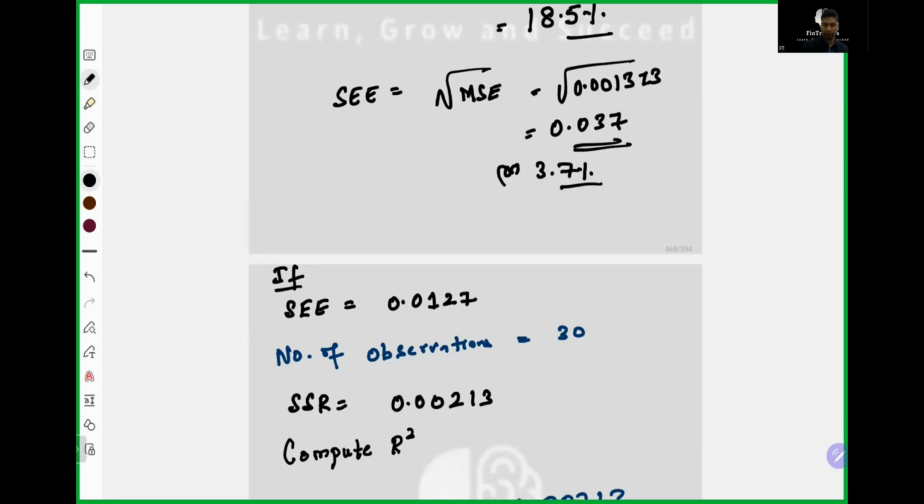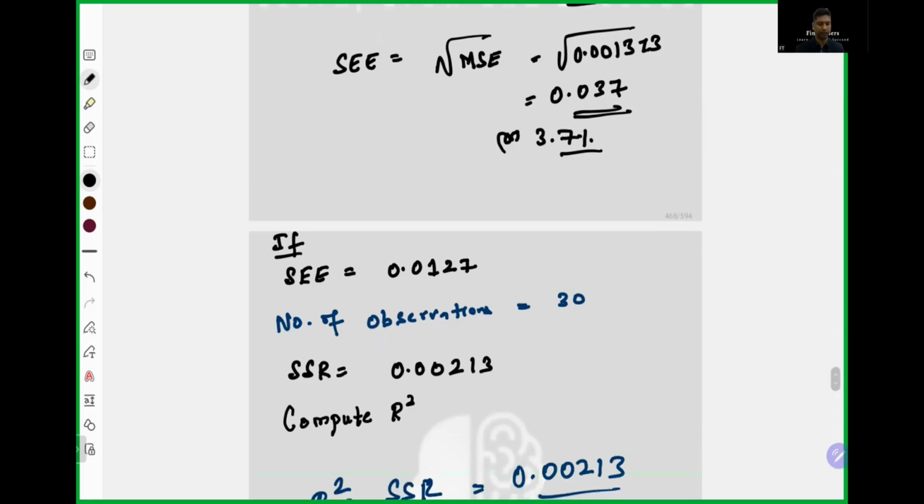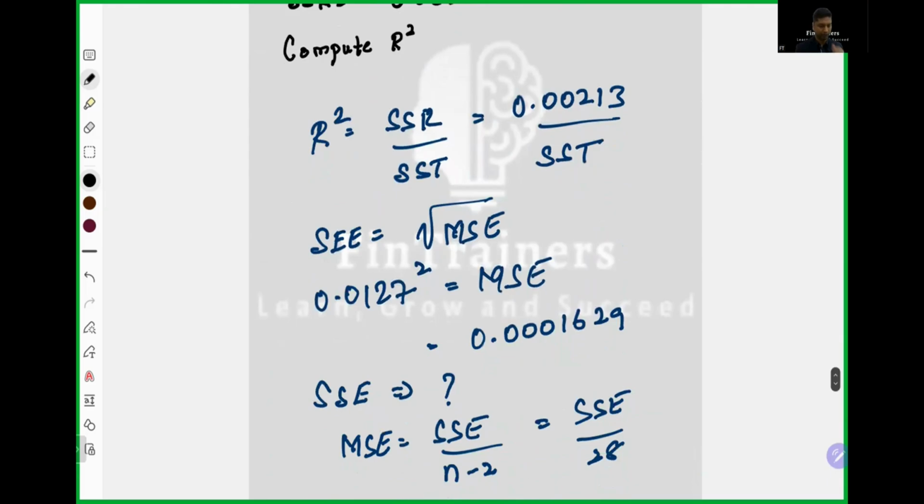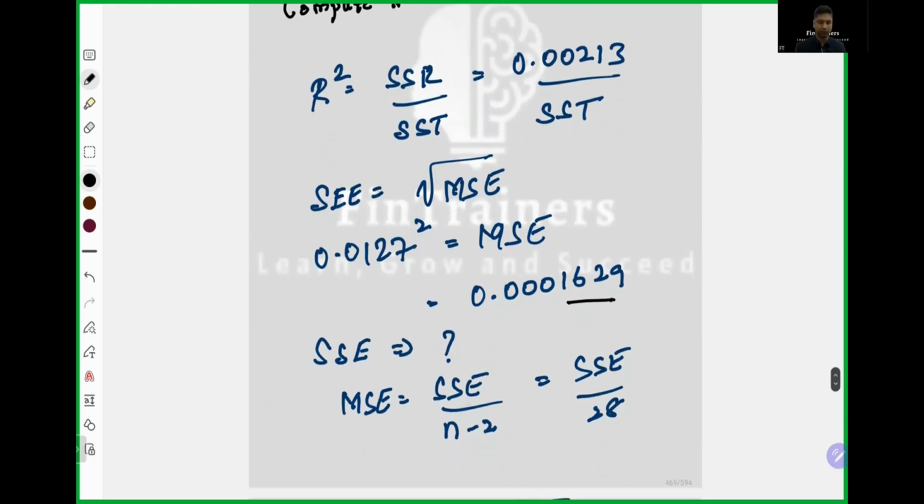So what was your first, like your SST? To calculate R squared, you needed SST, right? So how did you get your SST? You first needed your SSE, right? So from your SEE, you can get to your MSE, and then you can calculate your SSE. SEE is given. So my MSE will be the square of the SEE, which is 0.01629, and SSE is equal to MSE multiplied by n minus 2.